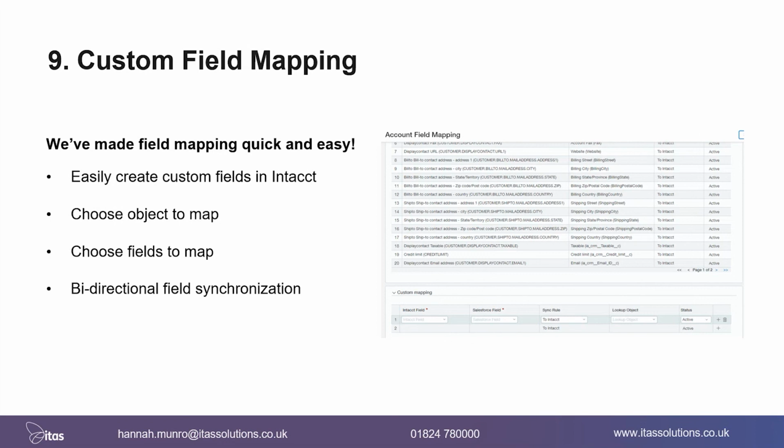And very much like Salesforce, Sage Intacct has a whole customization layer that allows you to create custom fields on different objects, which is not always a common functionality in accounting systems. So we have that real flexibility, and we make it really easy to sync the fields from one system to another. All you need to do is select the Intacct field, select the Salesforce field, decide on the sync direction, whether it is bi-directional or one direction, and which is the master. And then it will be done.